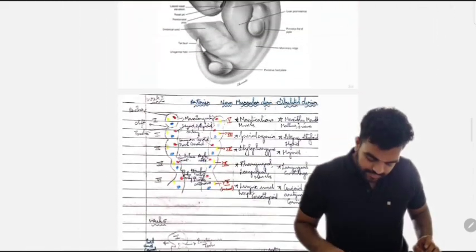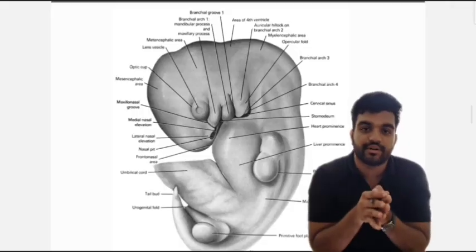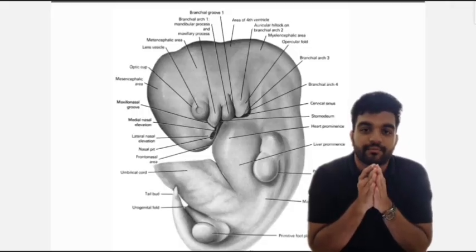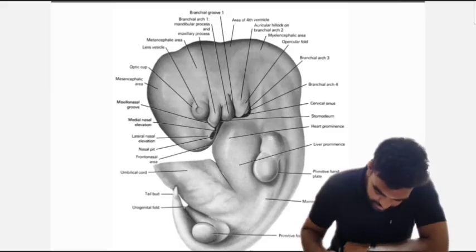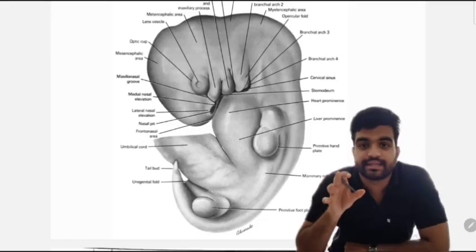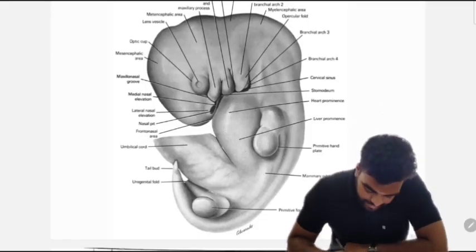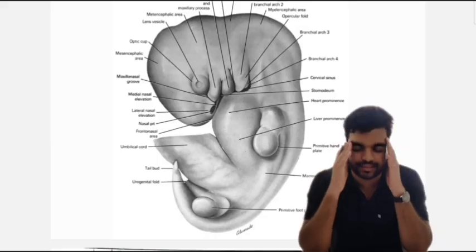So the first and foremost thing that we'll have to discuss during the formation of an embryo is the formation of pharyngeal arches. Okay, this is all about pharyngeal arches. This image is not of much importance. Don't get confused about what all these different parts are. When you see this embryo, start visualizing in a 3-dimensional way.